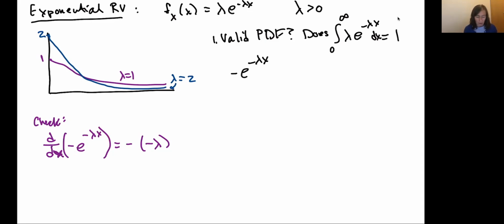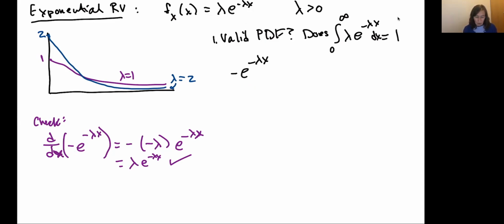Exponential functions are their own derivatives. So that last step is just e to the negative lambda x, keeping my x there, and the two negatives cancel out. And yes, so this is the antiderivative of lambda e to the negative lambda x.